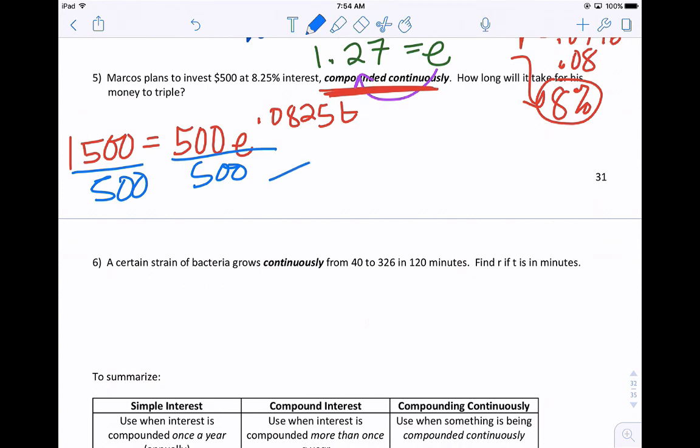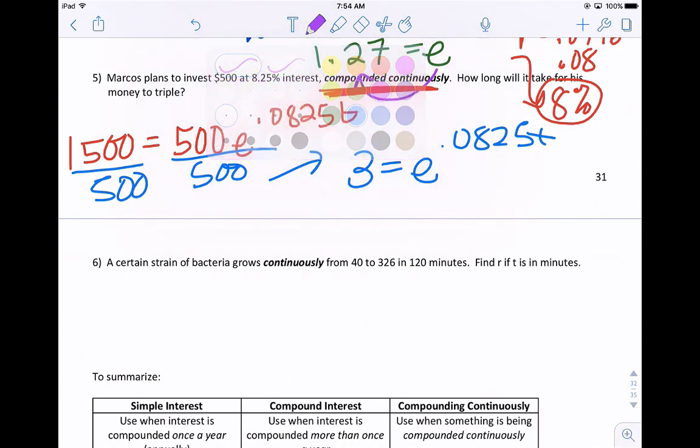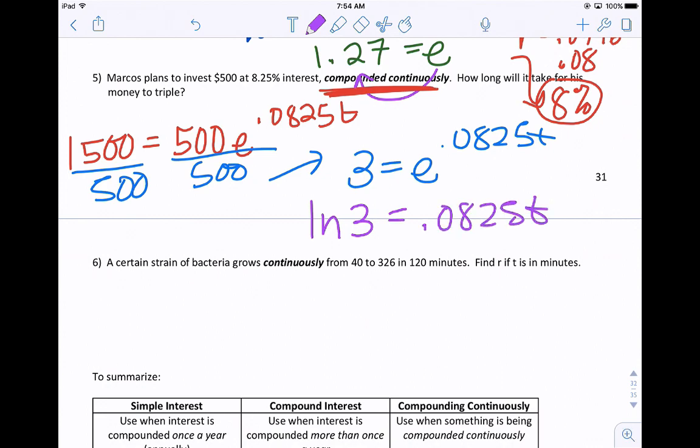We know that's when our money is tripling, so we have 3 equals e to the 0.0825t. We know it's log base e, so I'm just going to write ln of 3 equals 0.0825t. Last step, divide by 0.0825. Type that into our calculator.